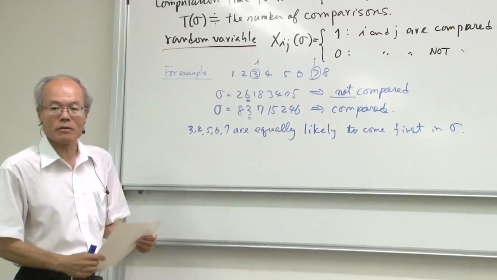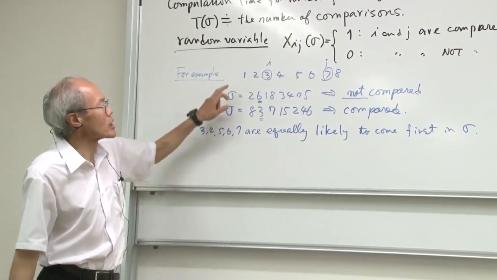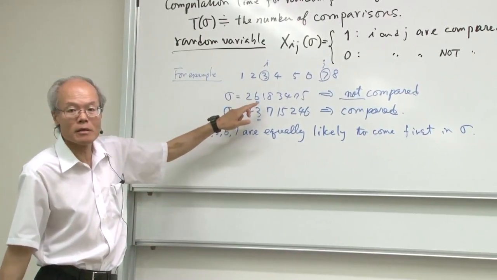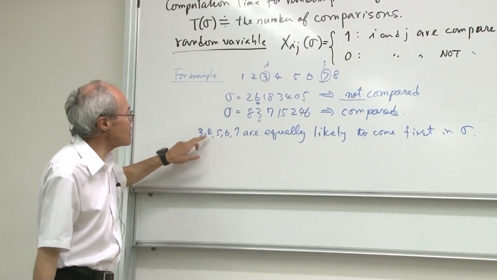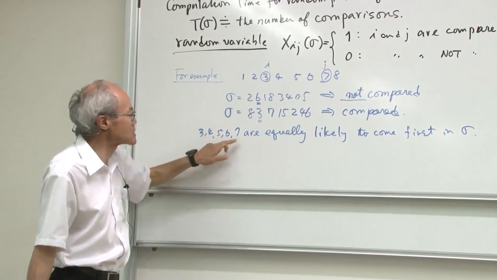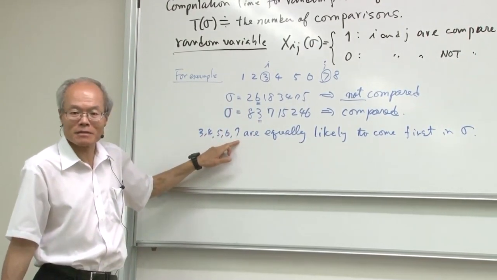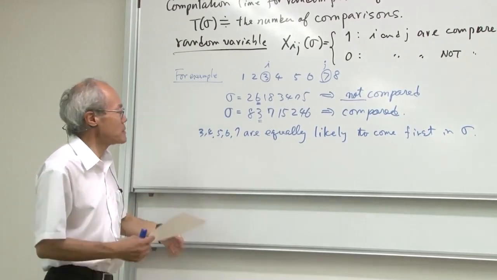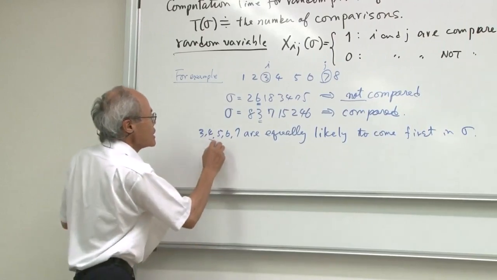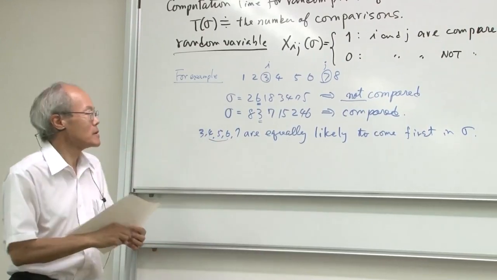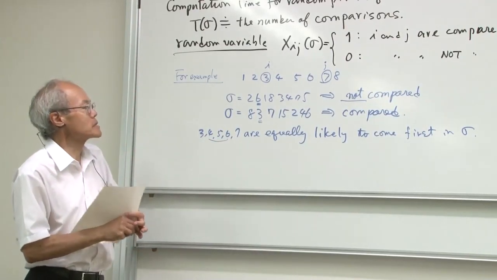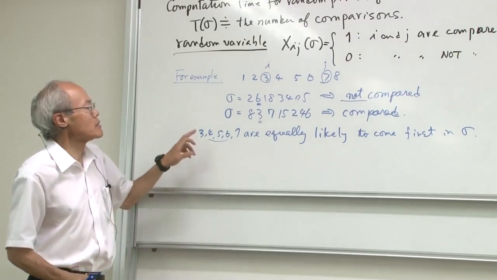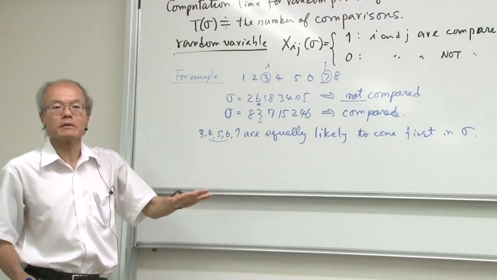So the question is, when you look at sigma, which number in 3, 4, 5, 6, 7 comes first? That is important. If 4, 5, or 6 comes first, then 3 and 7 are not compared.